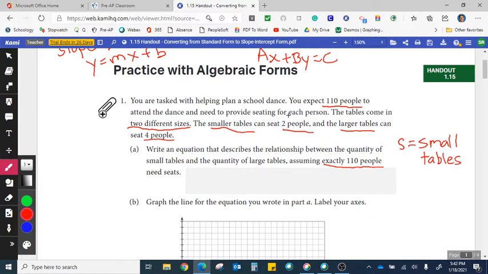And I'm talking the number of small tables. And I'll call G the large tables. It doesn't matter what you call it, but I called it G because sometimes when I write an L, it looks like a 1, so I don't want to get those confused. Okay, so I just picked a different variable.